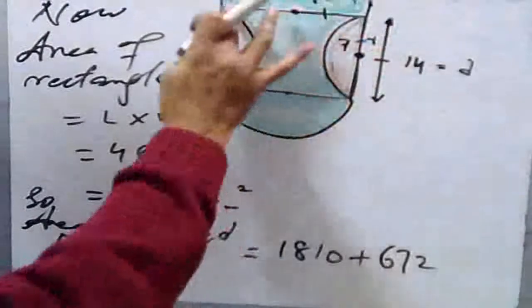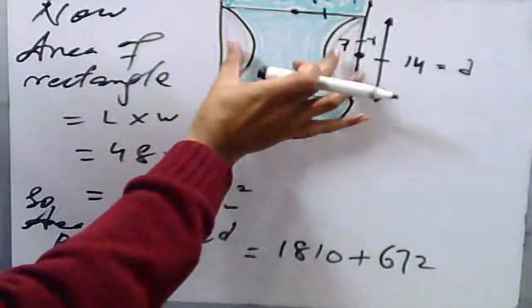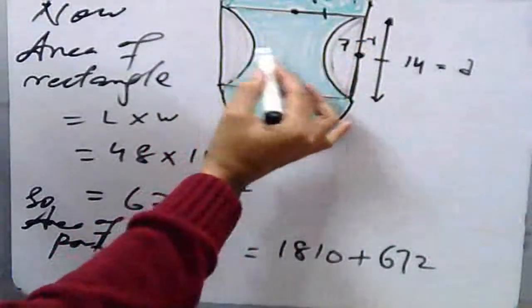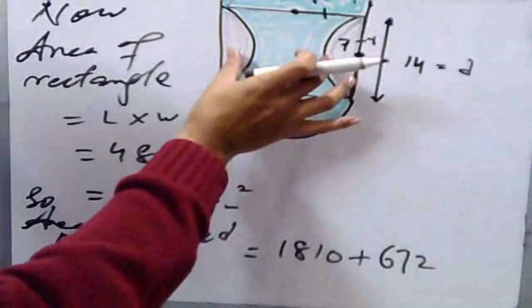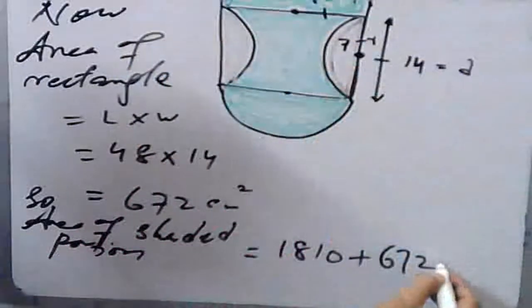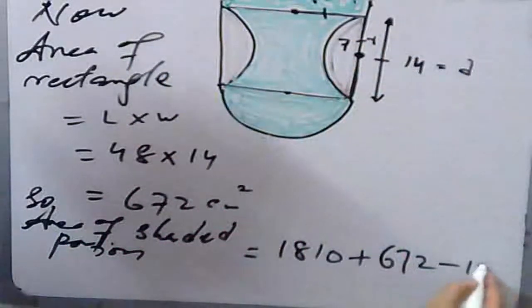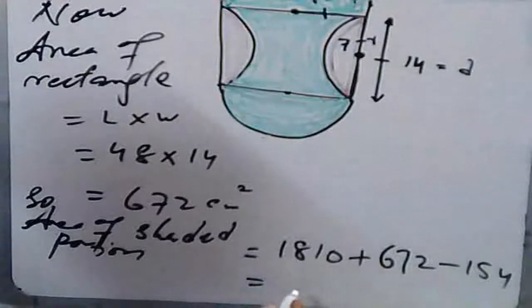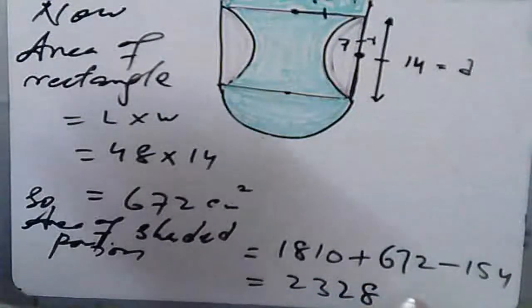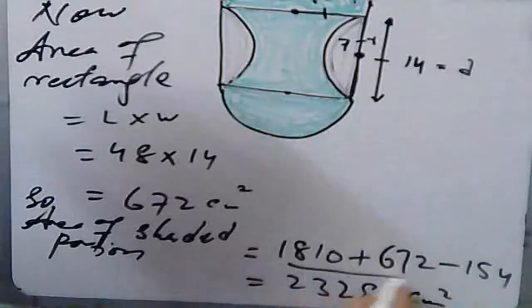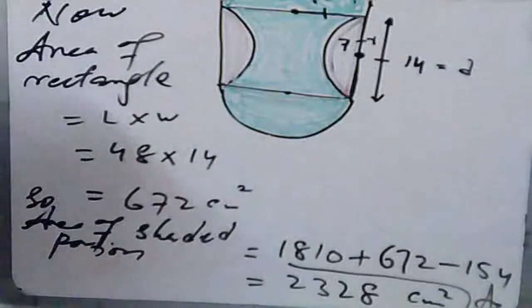But in the area of the rectangle we don't need these two small semicircles. So the value of these two semicircles we have calculated, we have to subtract, so minus that area is 154. After subtraction you will get 2328 centimeter square, which is your required result for the shaded portion.